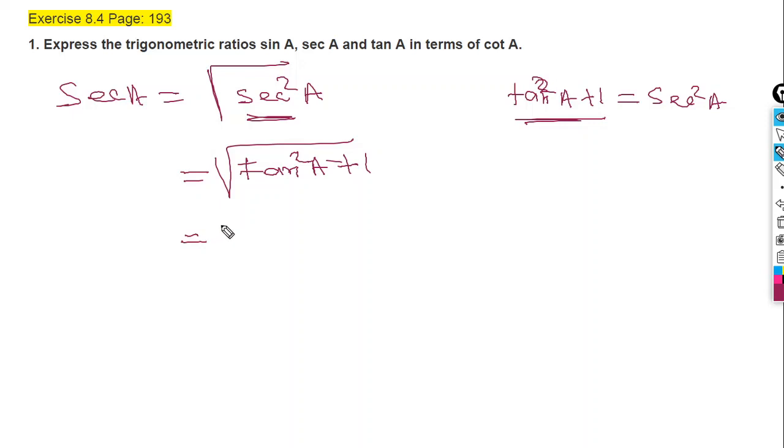You know that tan A equals 1 by cot A, so instead of tan square A, we can write 1 by cot square A, plus 1, then whole root over.